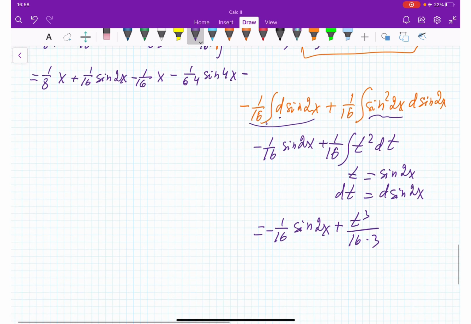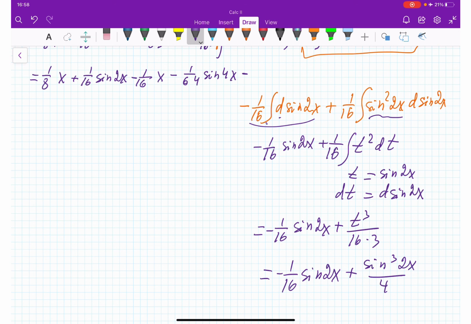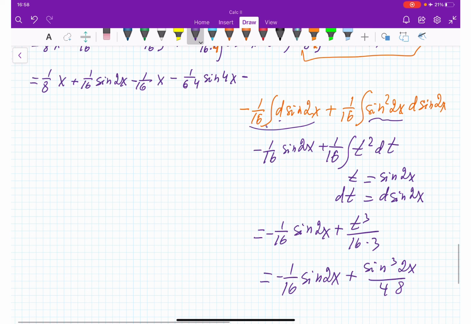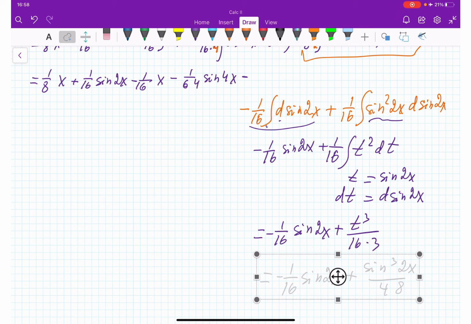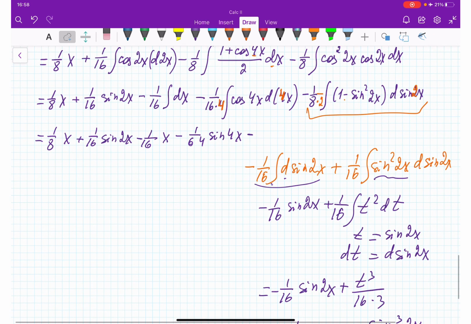And that is going to be negative 1 over 16 sine 2x, and plus t cubed, it's going to be sine cubed 2x over 48. So this piece, I'm making a copy and dropping right here.